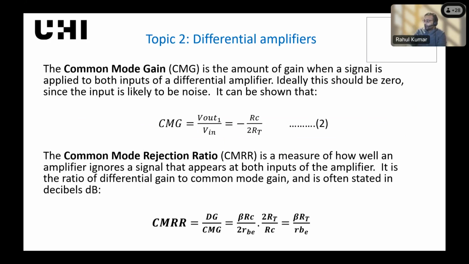So the amount of noise at both the inputs the amplifier amplifies is called the common mode gain. So common mode gain is the amplification to the signal common to both the inputs.